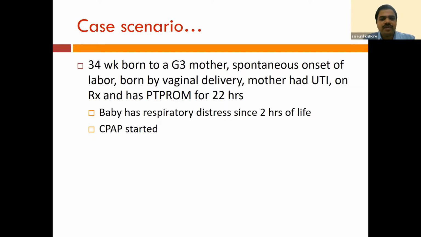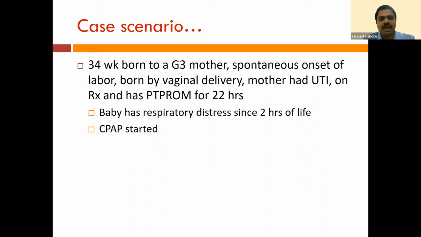We have a 34-week baby born to a gravida 3 mother with spontaneous onset of labor, born by vaginal delivery. The mother had a urinary tract infection and was on treatment, and the mother also had PPROM, preterm premature rupture of membranes, for 22 hours.